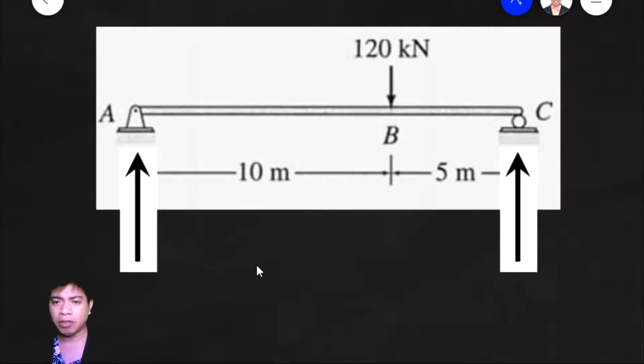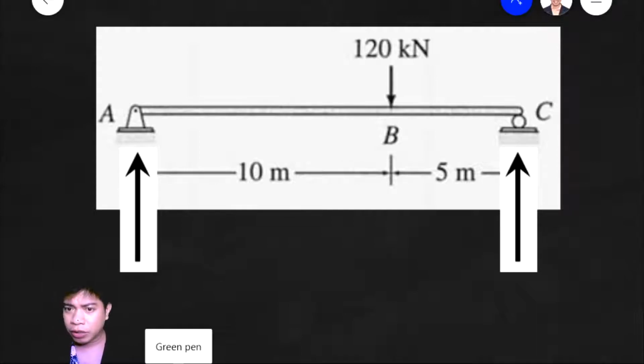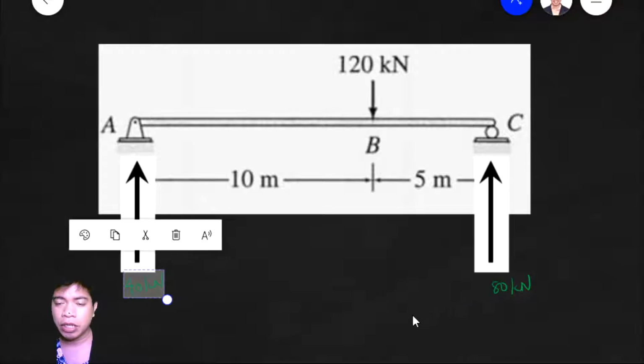This is easy, so I won't show the solution, guys. Our reaction at A is 120 times 5 divided by 15. This is 40 kilonewtons. And then at C, this will be 120 times 10 divided by 15. This will be 80 kilonewtons. So those are our reactions, guys. This is our reaction at A and this is our reaction at C.